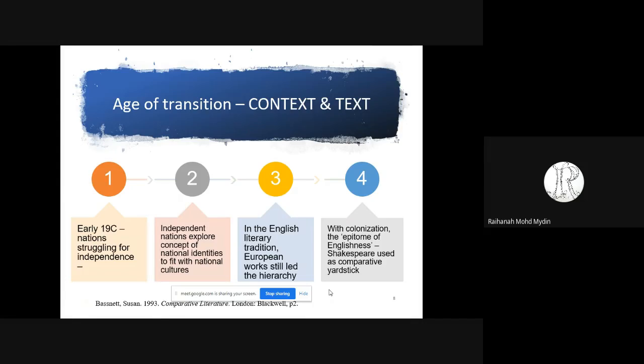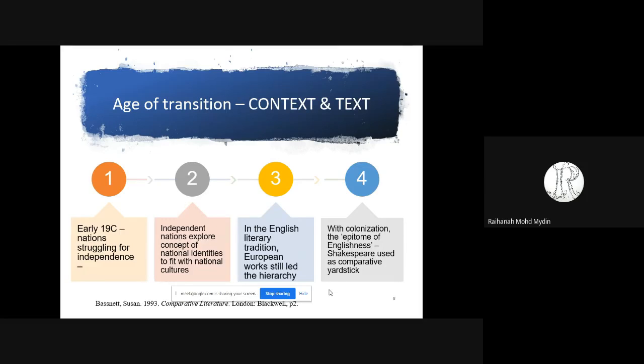So one of the things that Bassnett talks about early on in the book is the transformation that was happening within the context of nation and nation states. Early 19th century nations were championing for independence against the colonial masters, right?